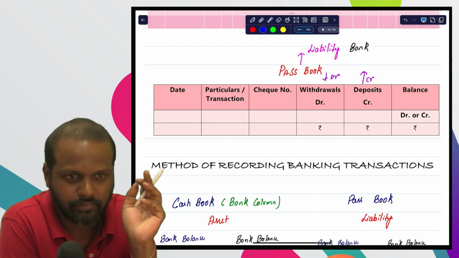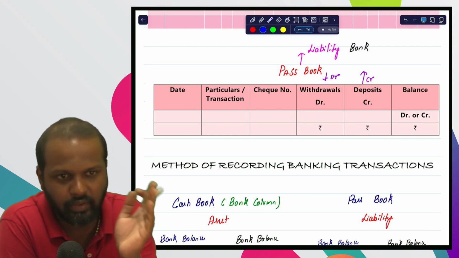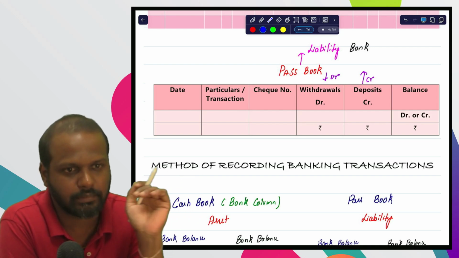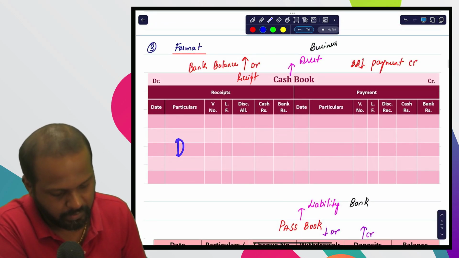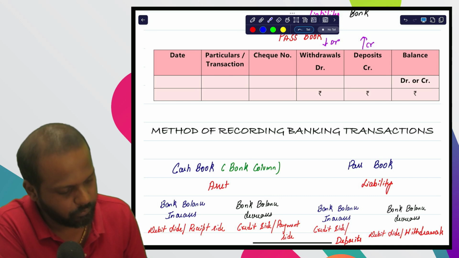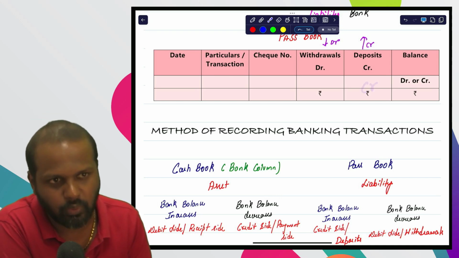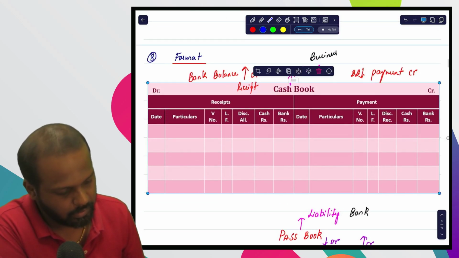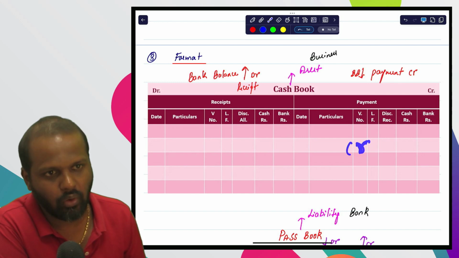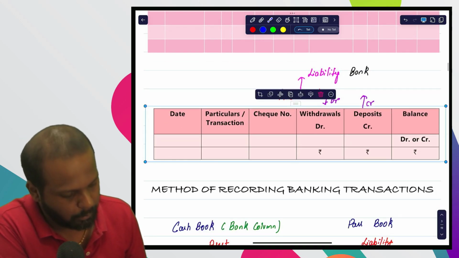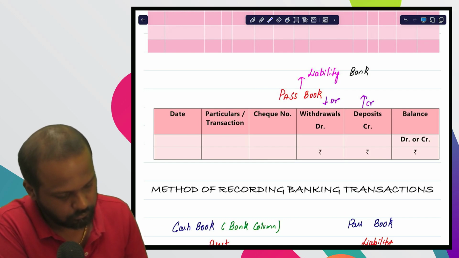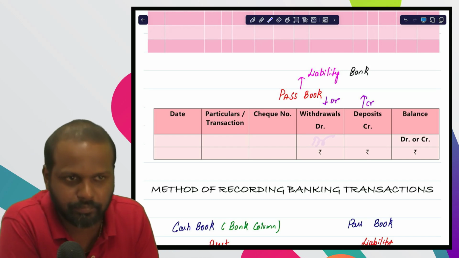Credit side. So it means that whatever we write on the debit side in the cash book will appear on the credit side of the passbook. Debit entries of the cash book will be equivalent to credit entries of the passbook, and what we record on the credit side of the cash book, the passbook is going to record on the debit side.